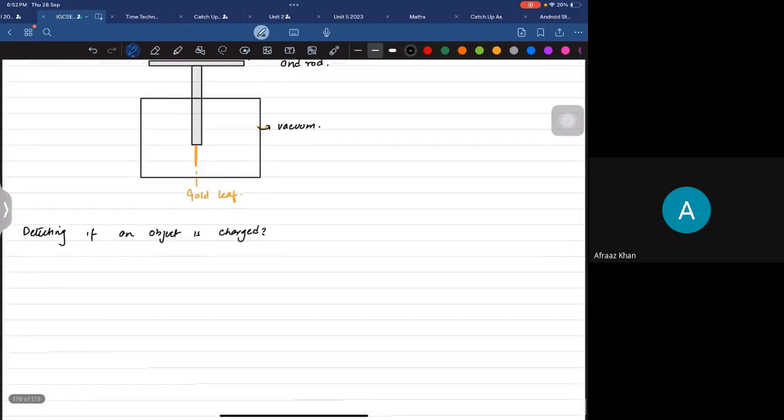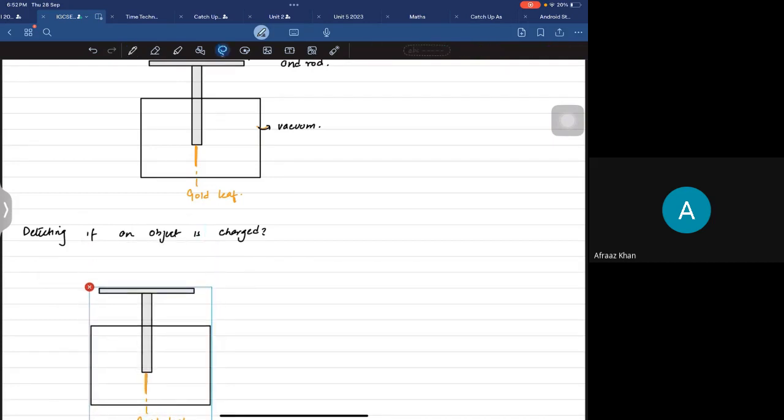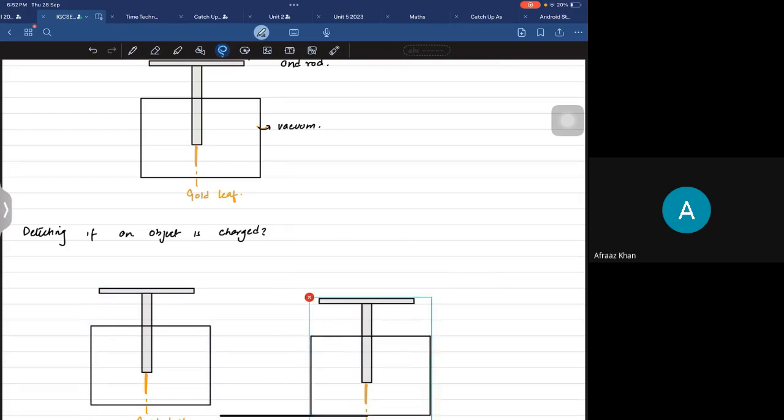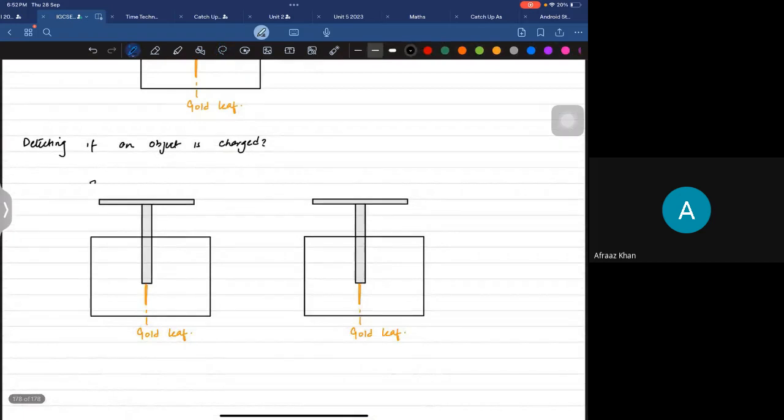So, it's very simple. If you want to detect if a rod is charged or not, there will be two things happening. If you bring a rod which is completely uncharged, now we do not know that, right?